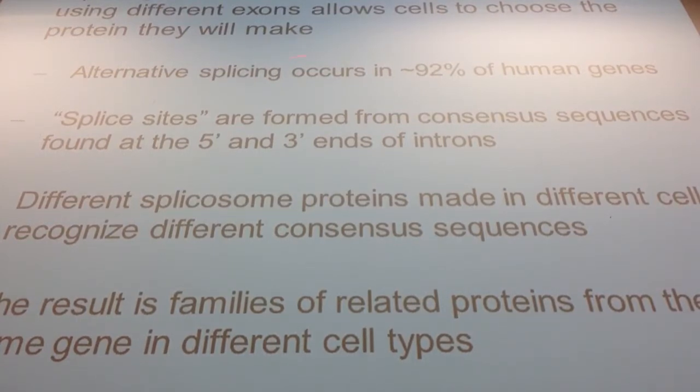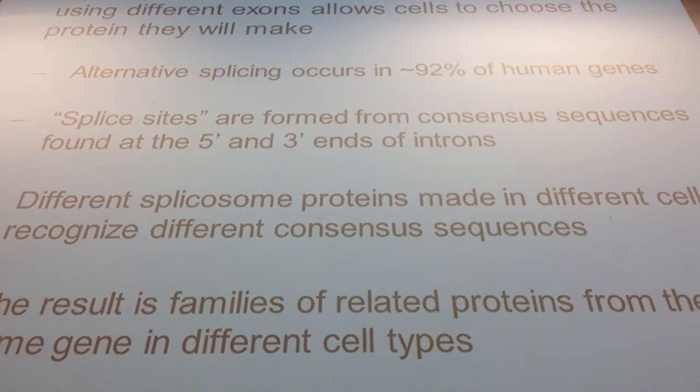Okay? And this happens 92% of the time. And that is the highest percentage of alternative RNA splicing that we know of any species on Earth. And you would like to think that this is a major reason why we are so complex, is because of alternative RNA splicing. And I actually have more examples of how powerful alternative RNA splicing is.